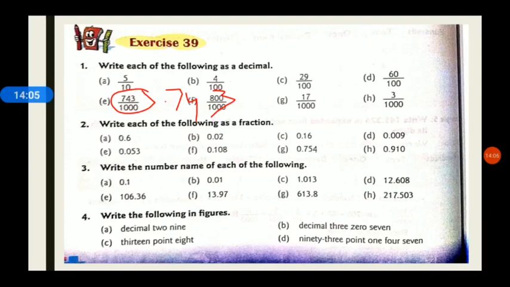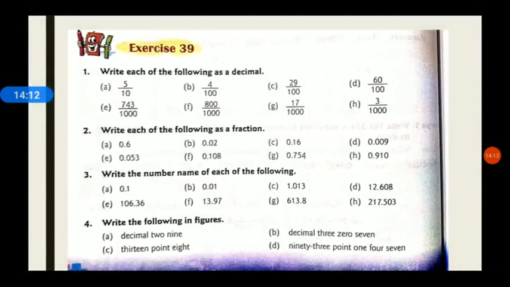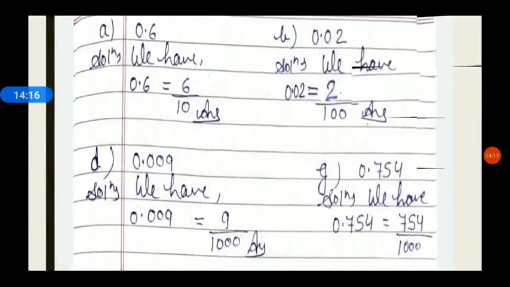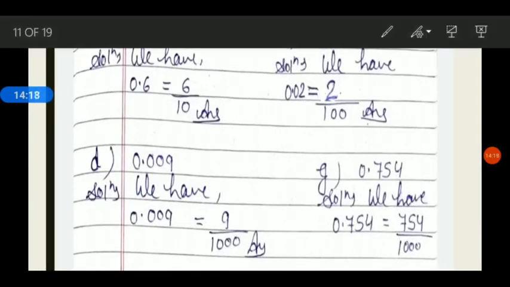Then question number 2, write each of the following as a fraction. The first one, 0.6. So you can see in the decimal part there is only one digit.